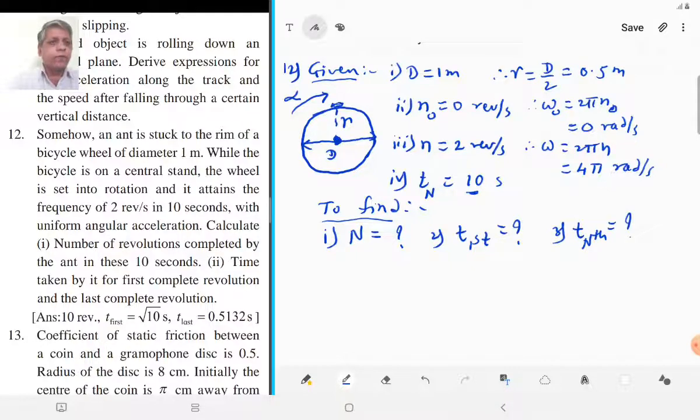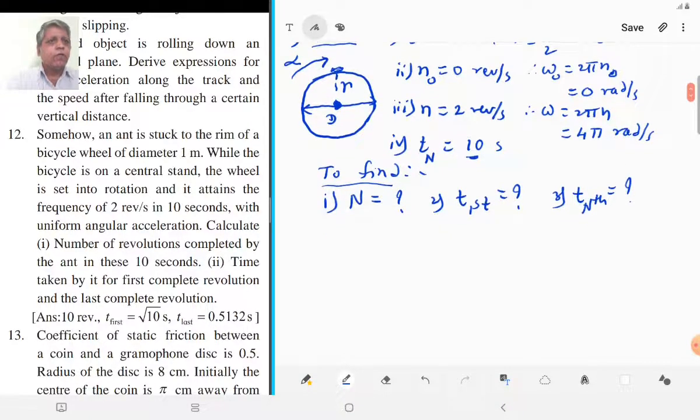Now we use the proper formula to solve this numerical. The proper formula is the second kinematic equation for circular motion or rotational motion.